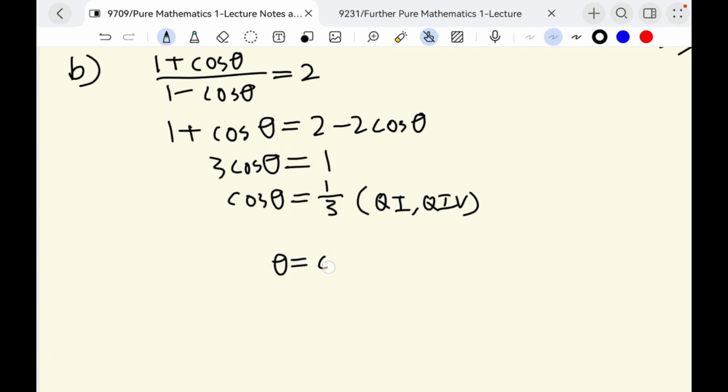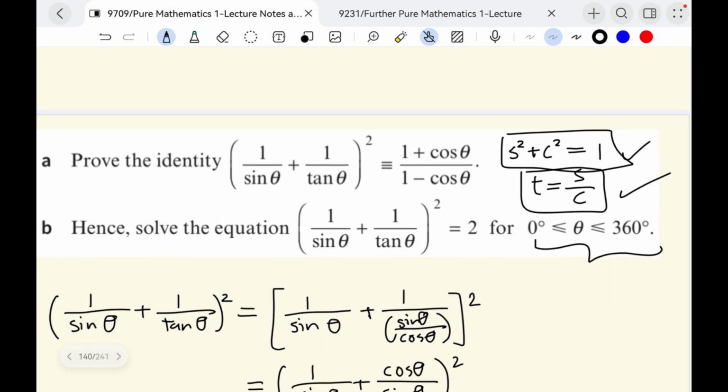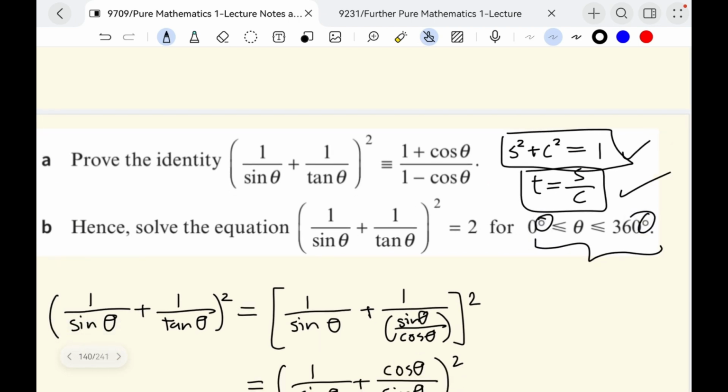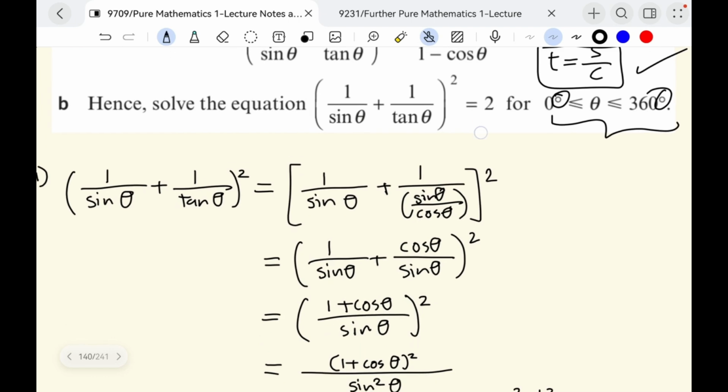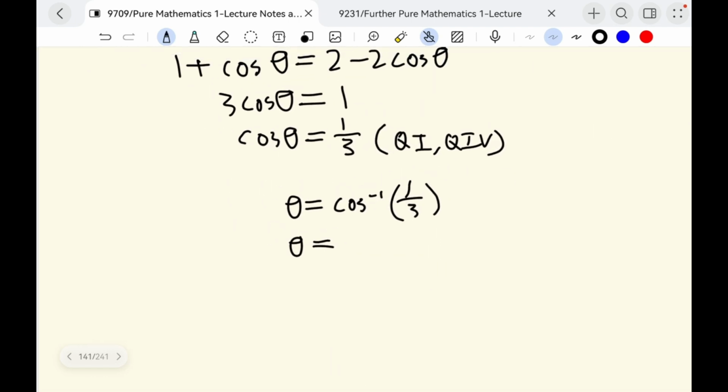So take the arc cos of 1 over 3 and press your calculator. But the question gives the interval of theta in degrees, so make sure that the angles in your calculator are in degrees, not radians. Alright, if you put radians, it may deduct your marks.